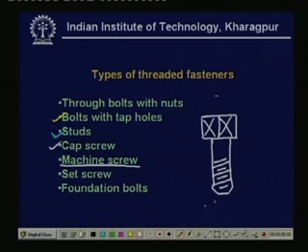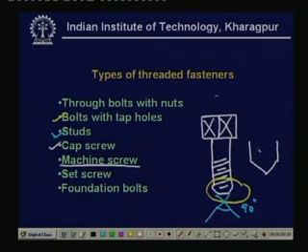So this angle may be 90 degrees, sometimes it is totally conical, and so on. Again this angle may be 90 degrees. So all kinds of shapes are there.